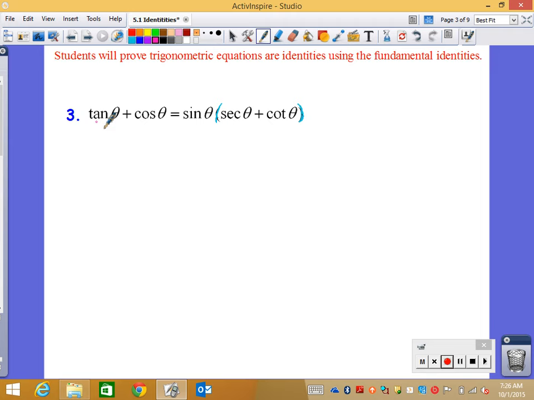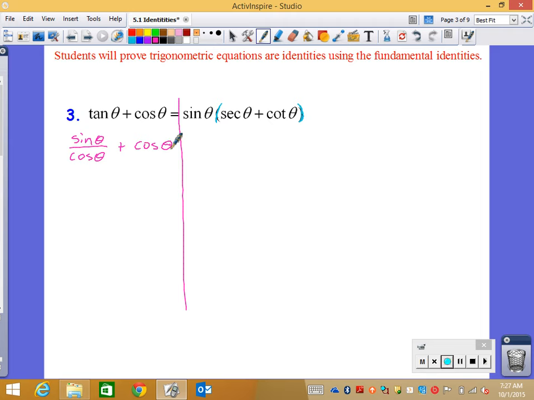So I have two terms right now that are added, but I want to multiply two terms in the very end. So I'm going to need to factor something out. Well, let's just start rewriting things in terms of sine and cosine. What's tangent theta? Tangent theta is just sine theta divided by cosine theta, plus cosine theta.